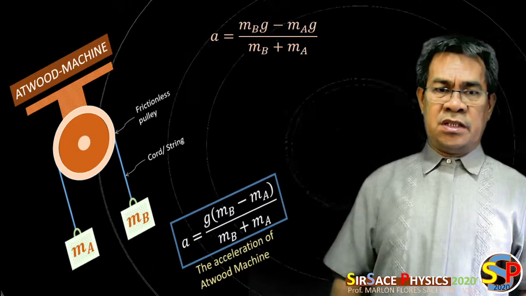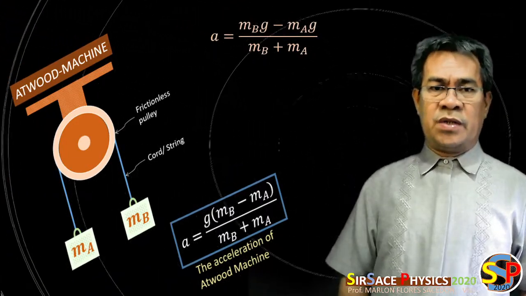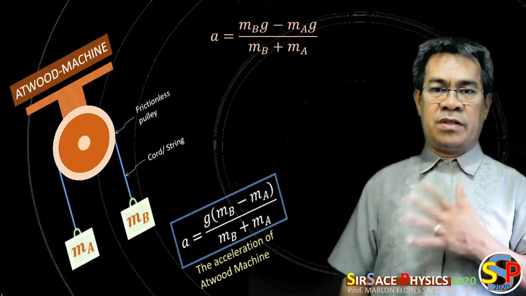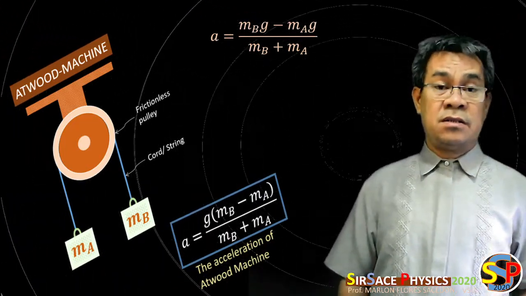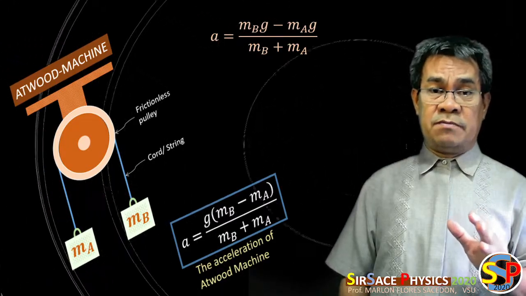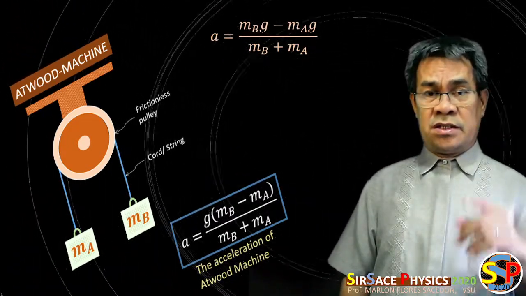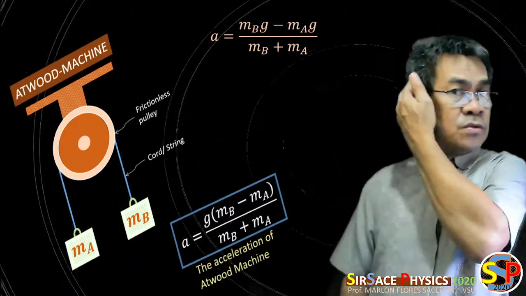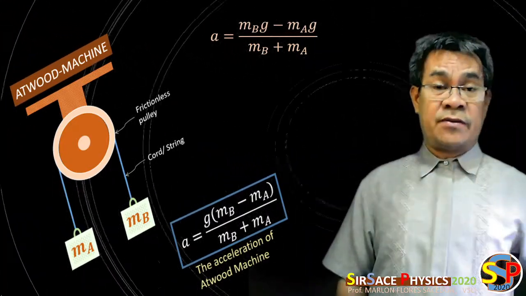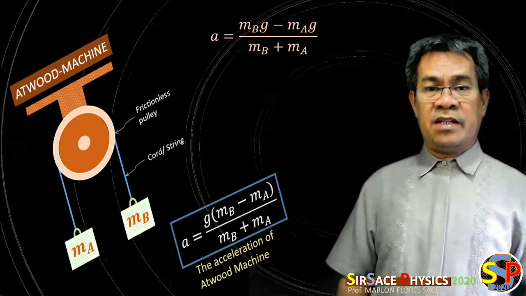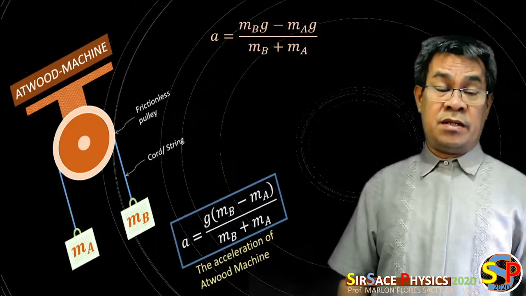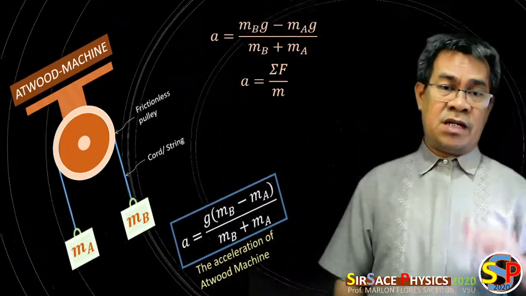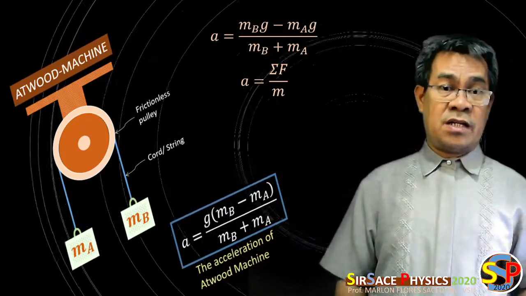If you notice, the numerator is actually the difference between the gravitational force of mass B and mass A. So we can say that the acceleration is the net external force, because when you subtract the weights of the two objects, it is the net external force of the system divided by the total mass A and B. Practically, the acceleration comes from the unbalanced force divided by the total mass.